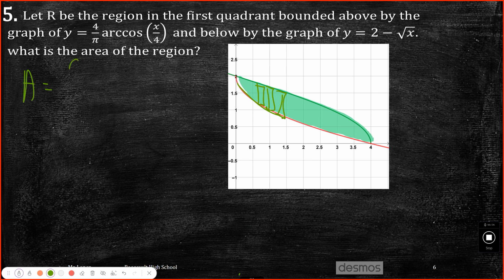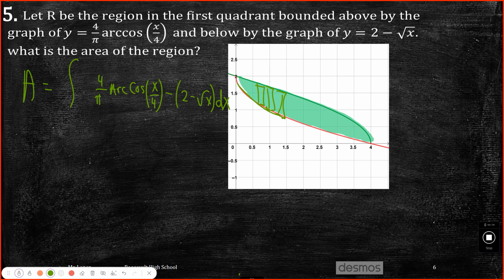The way I'm doing it is that it's gonna be the top, 4 over pi arc cosine of x over 4, and then we're subtracting the quantity 2 minus square root of x, and we're doing dx because those rectangles are going that way.